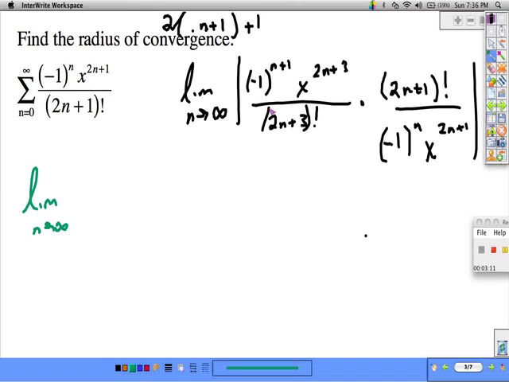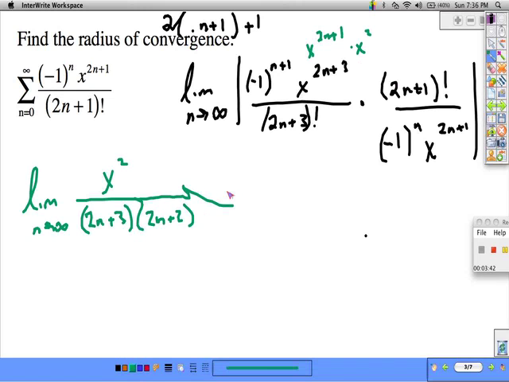So x to the 2n plus 3 is the same thing as x to the 2n plus 1 times x squared. So I'm left with x squared on the top. And then 2n plus 3 factorial is 2n plus 3 times 2n plus 2 times 2n plus 1 factorial, so those will cancel. Now this limit, as n goes to infinity, is equal to 0.